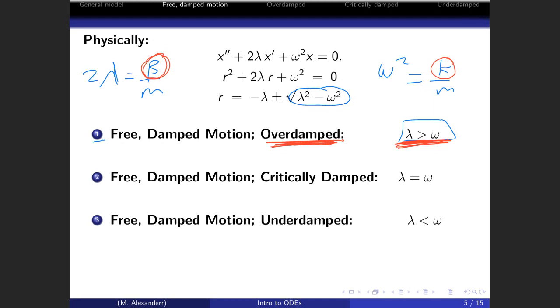Now on the second case, we have the critically damped, and basically what this is saying is, roughly speaking, that the damping force is roughly equal to the spring constant. It's not exact equality there, but we're saying that the damping coefficient is almost the same thing as the spring constant.